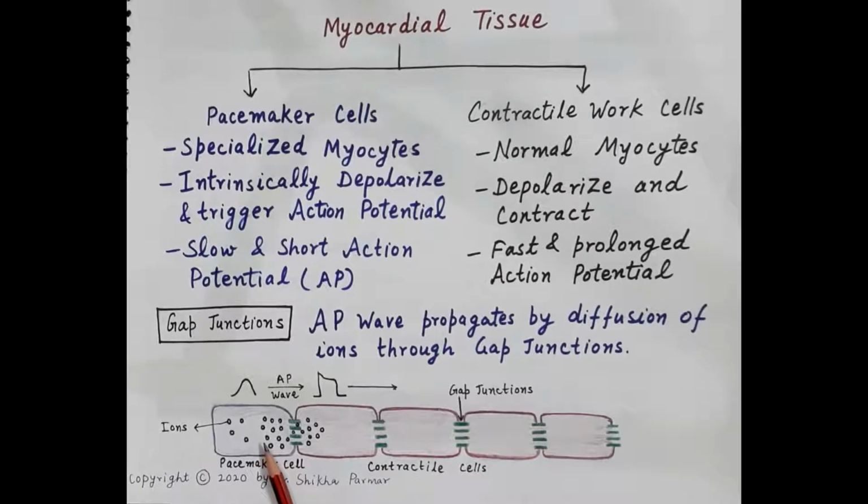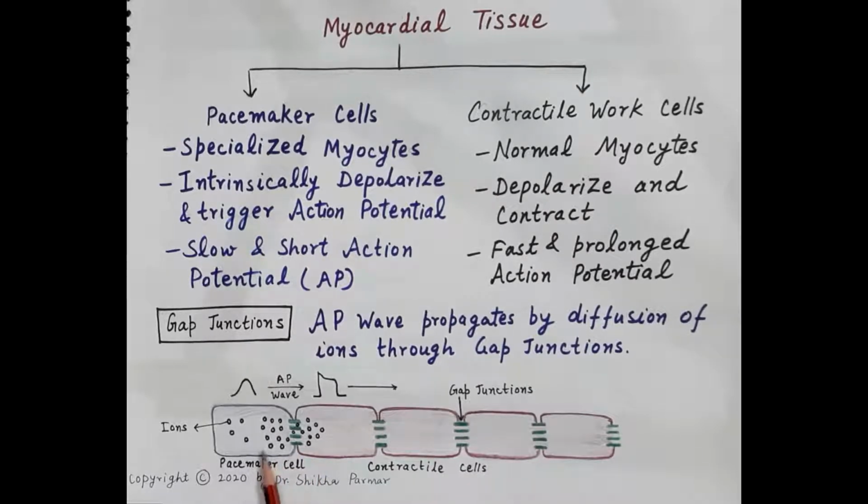When this pacemaker cell depolarizes, it generates an electrical impulse, or action potential, and this generation occurs due to the movement of ions. This action potential generated by the pacemaker cell is further propagated to the adjacent myocytes by the diffusion of ions through the gap junctions.